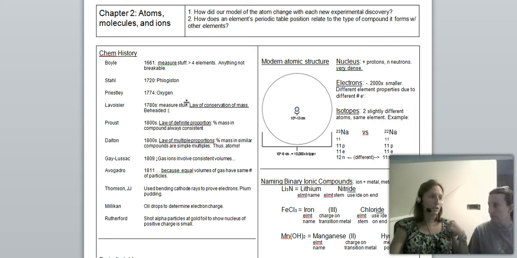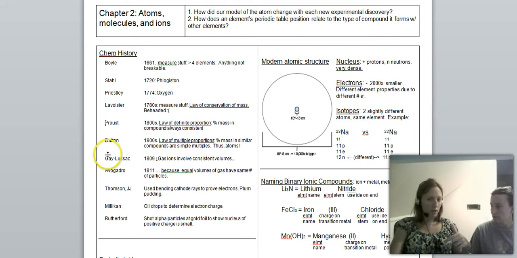So if you did carbon dioxide, for example, and you did a mole, you'd end up with 12 grams of carbon and 32 grams of oxygen every time. So the ratio was always the same. He's like, oh, that's cool. And so he came up with the law of definite proportions.